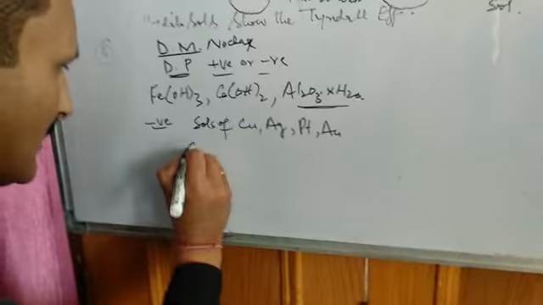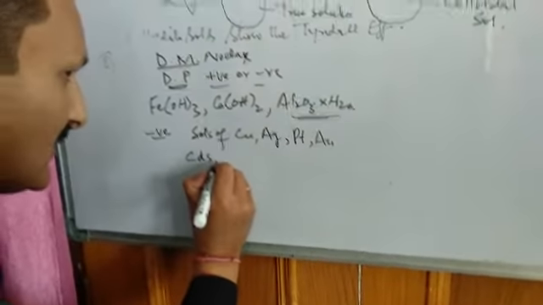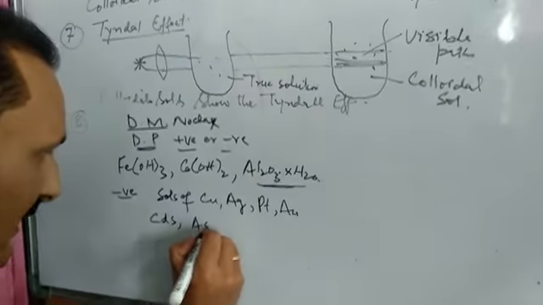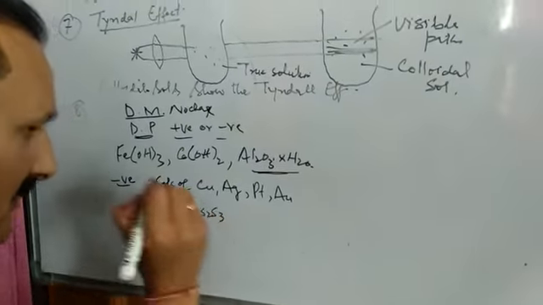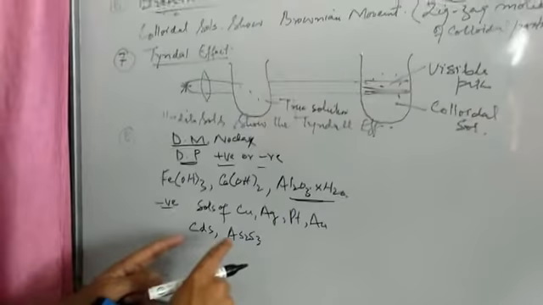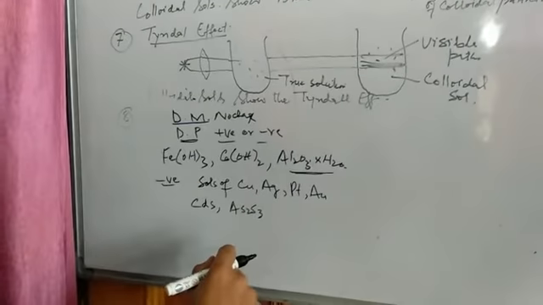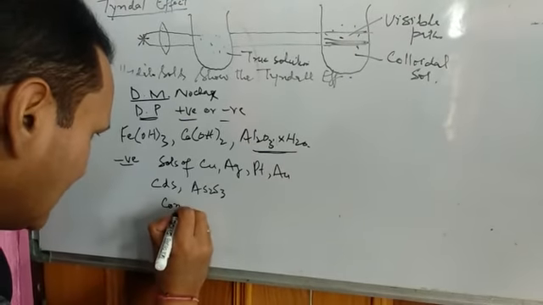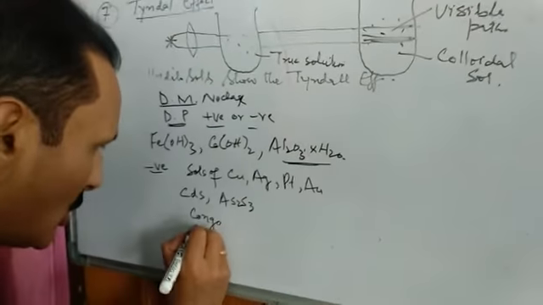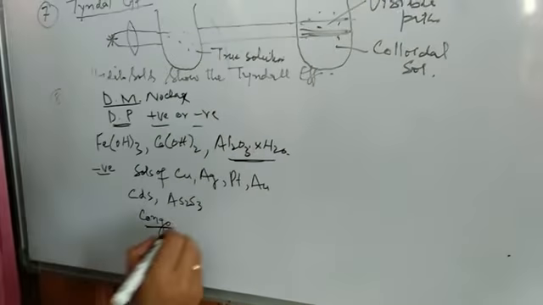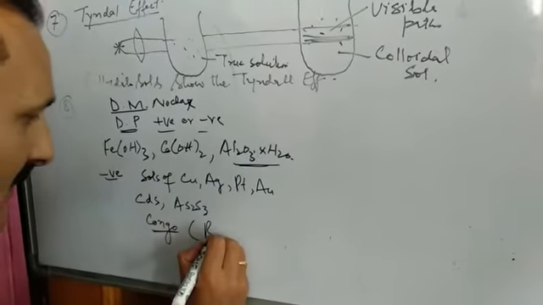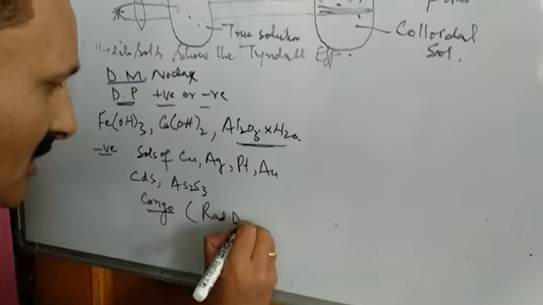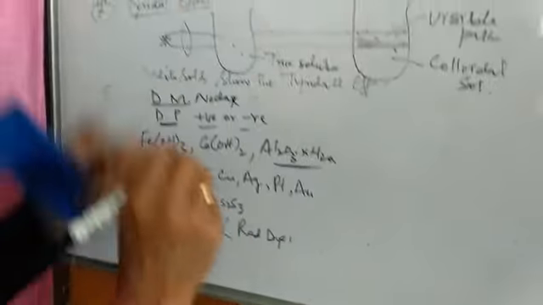Similarly, we have cadmium sulfide, we have arsenous sulfide. These are also negatively charged colloids. So I have one more negatively charged colloid, that is Congo red. Congo red is basically a red dye. This is also a negatively charged colloid.